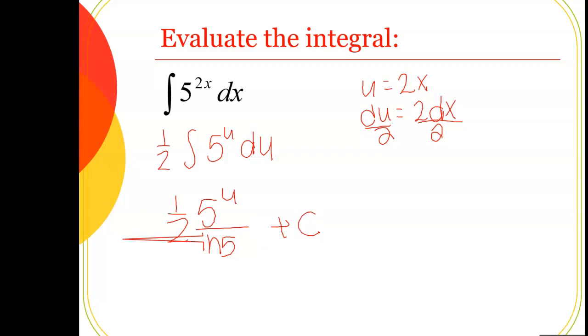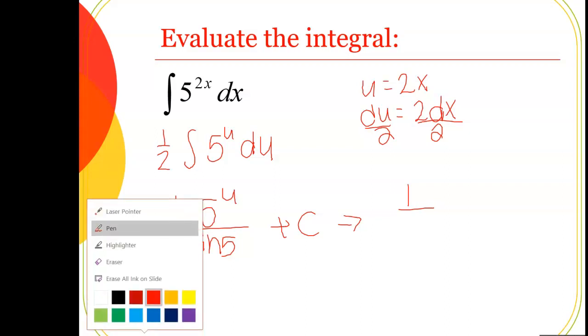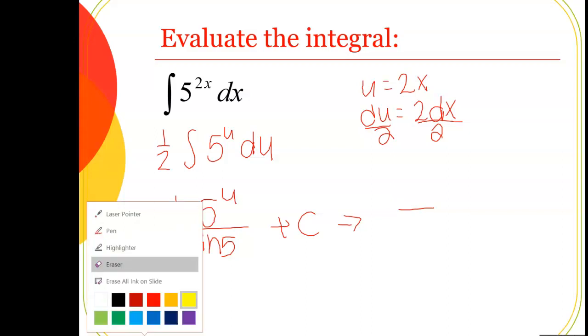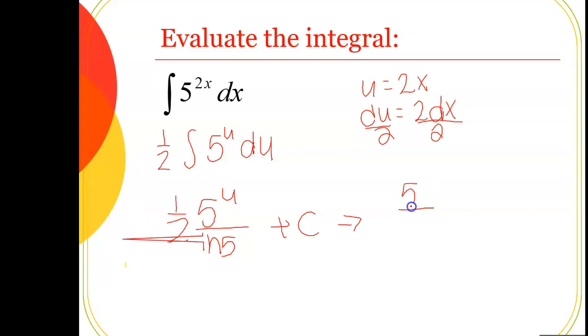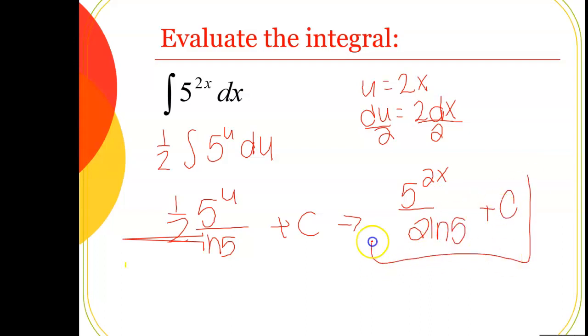And then just substituting back in, we get 1 times 5 to the 2x over 2 ln of 5 plus c.